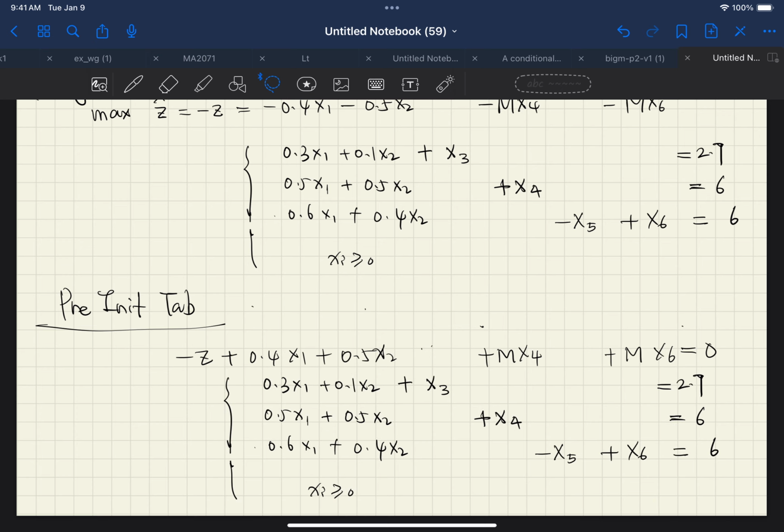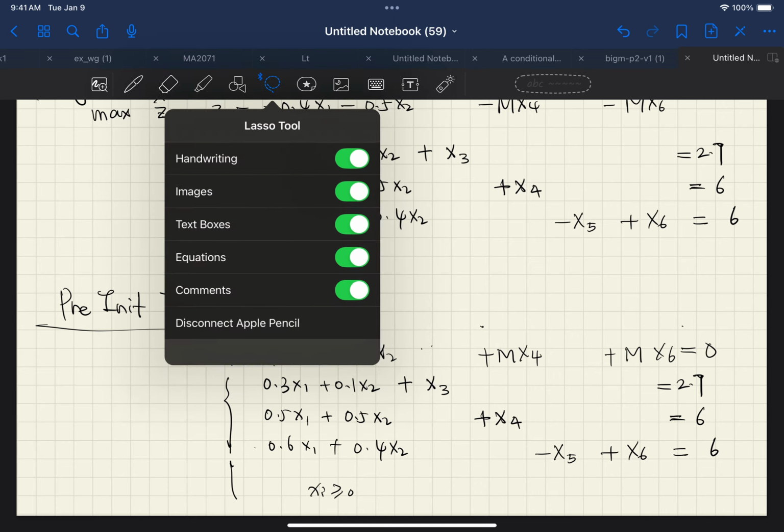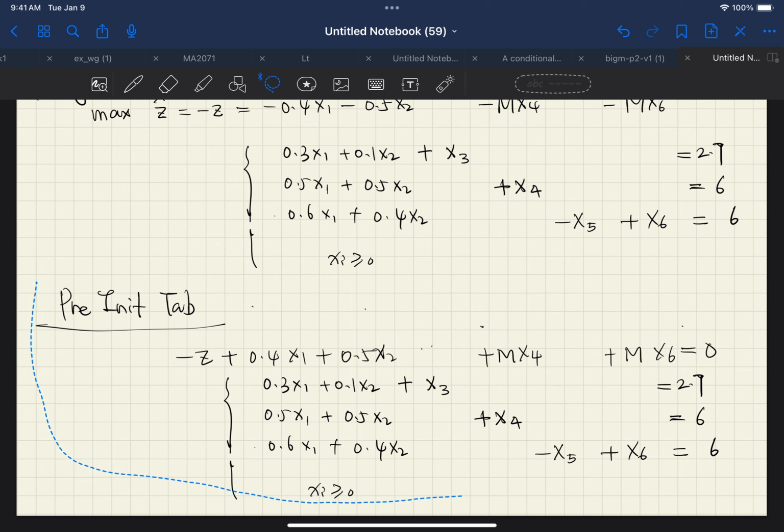Now basically we pull out all the coefficients. Make it a tableau.